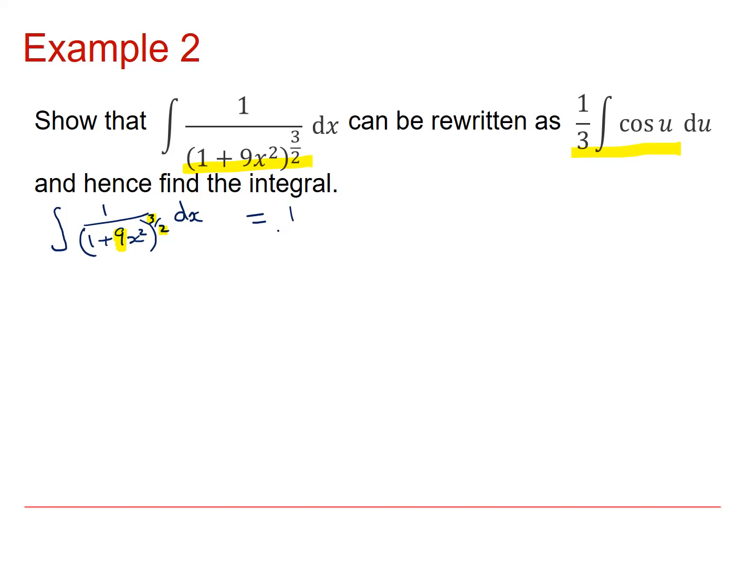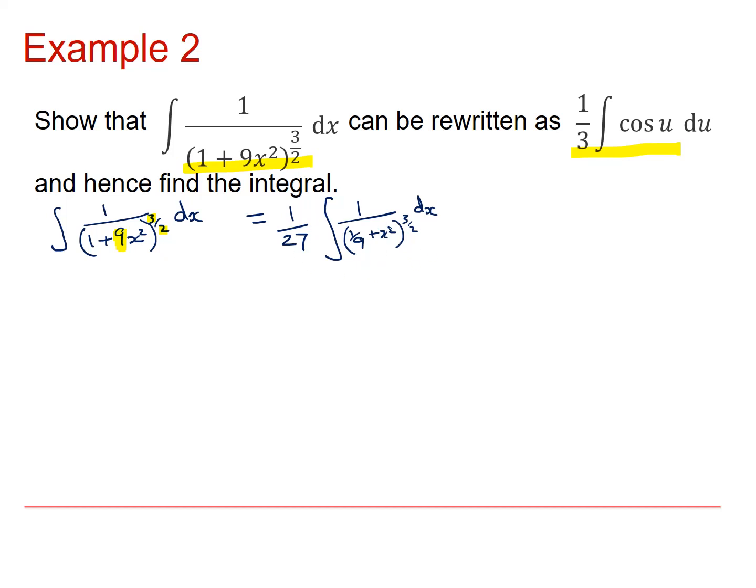So this becomes 1 over 27, the integral of 1 over 1/9, remember it was 9 I took out, plus x squared to the power 3 over 2 dx.